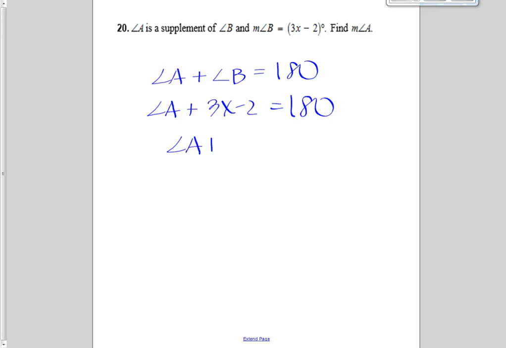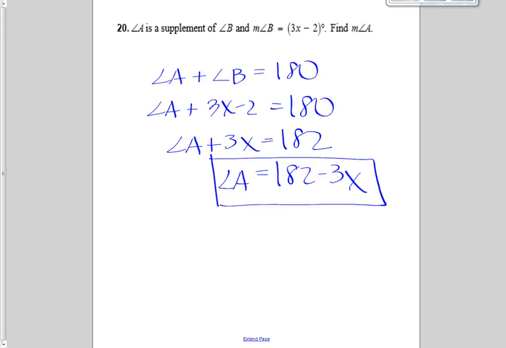So if I add 2 to both sides, I've got 182, and then subtract 3 from both sides, I get this expression. So I don't know what x is, but I know the expression that represents the measurement of x.